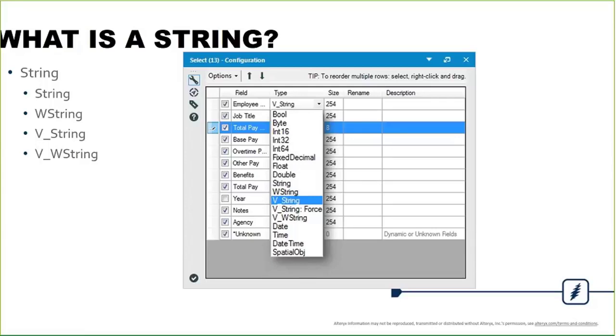If I was a fixed string with a value of 254, it says, I don't care if your name's 10 characters long, I'm just keeping 254 characters of length in total for that field value. So a variable string is a little bit more flexible, and there are very few times that you'd really go down to string unless you're really penny pinching for efficiencies in your machine.